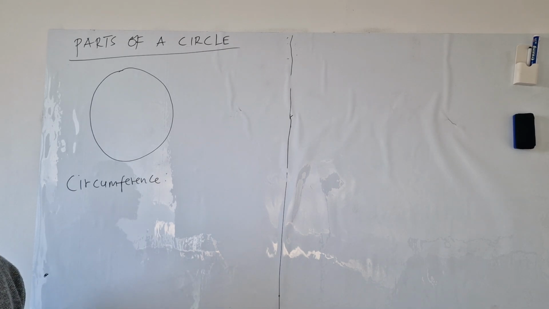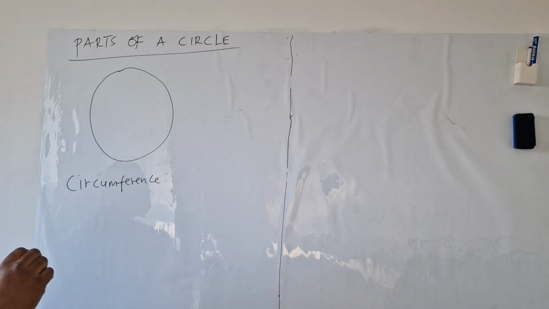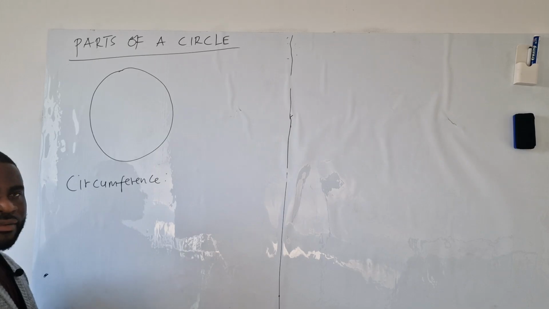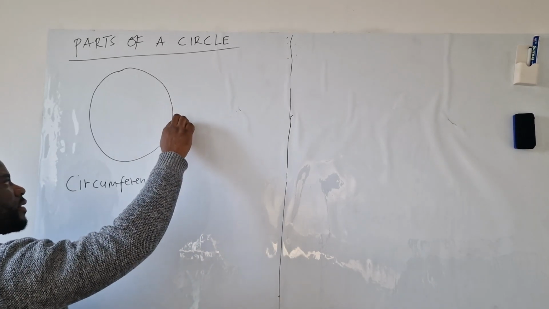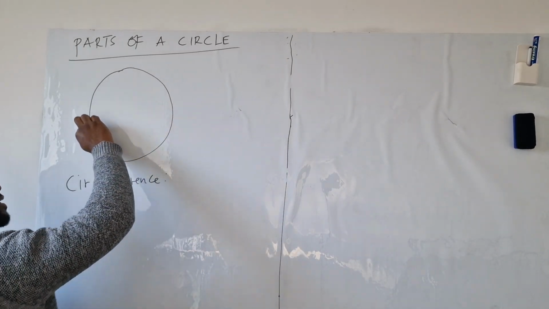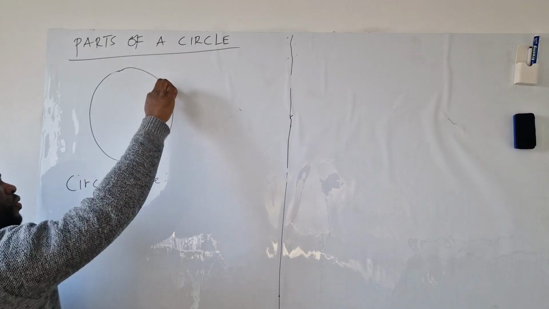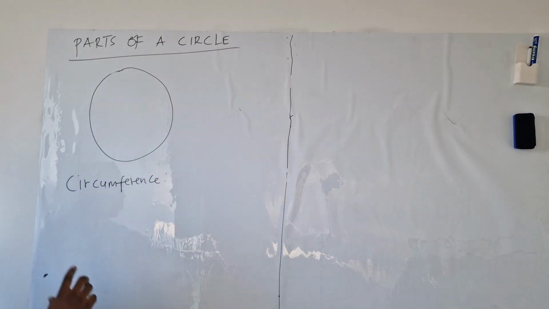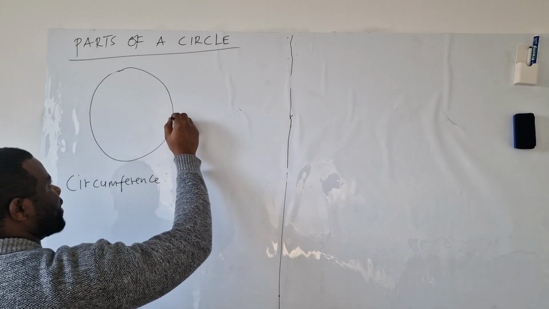Now, circumference of a circle is the distance around the edge of the circle. This whole distance around the edge is what we call the circumference of the circle.